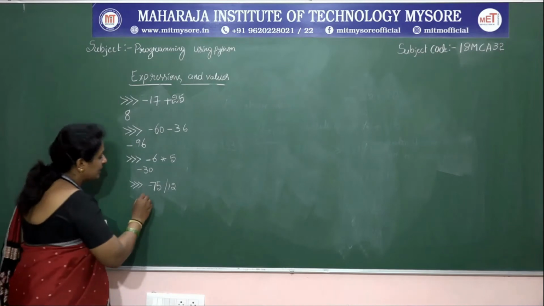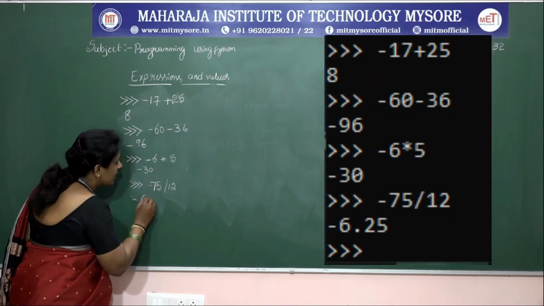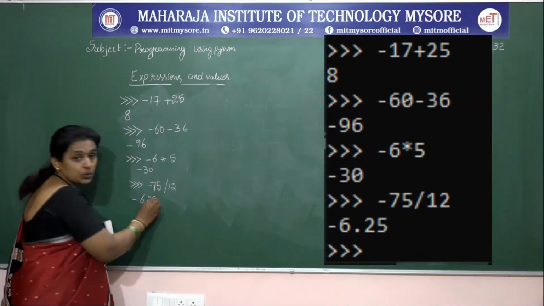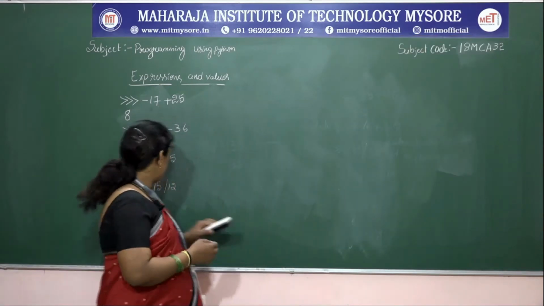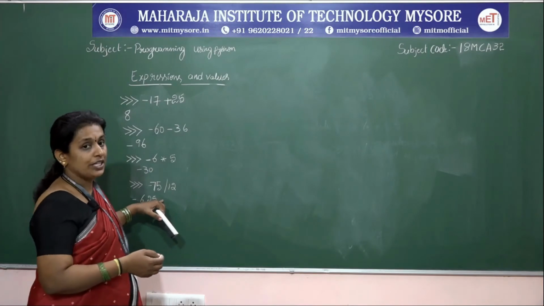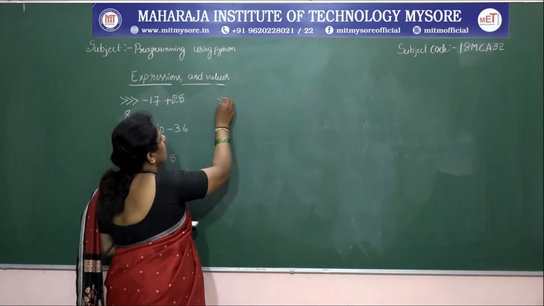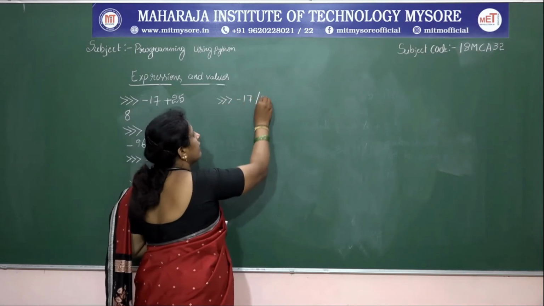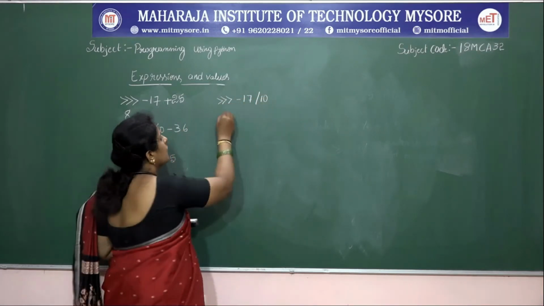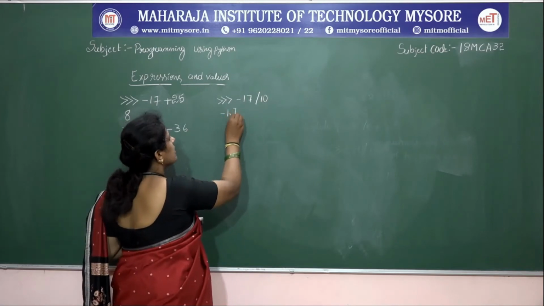So you will get approximately minus 6.25. Okay. Let's give one more example with respect to the division operator. Minus 17 divided by 10, you will get the answer as minus 1.7.